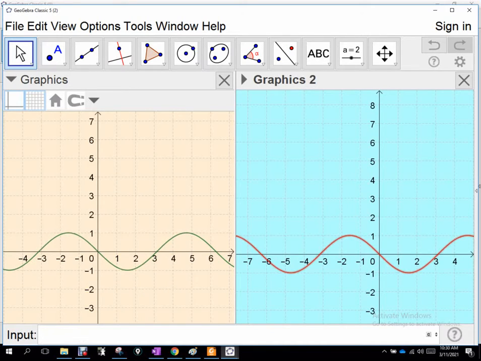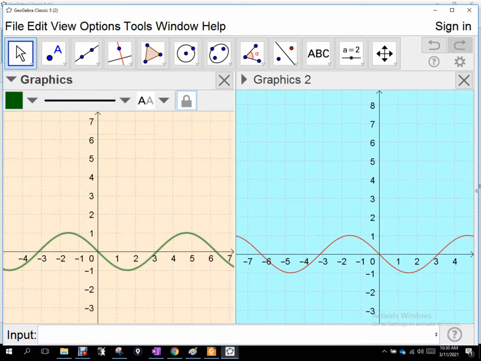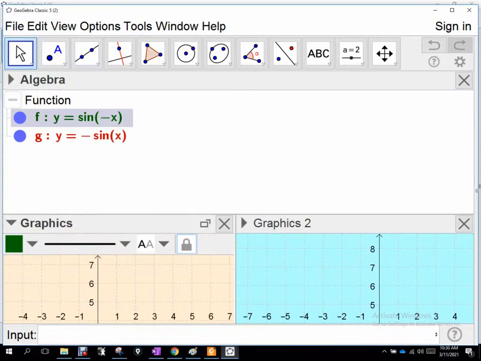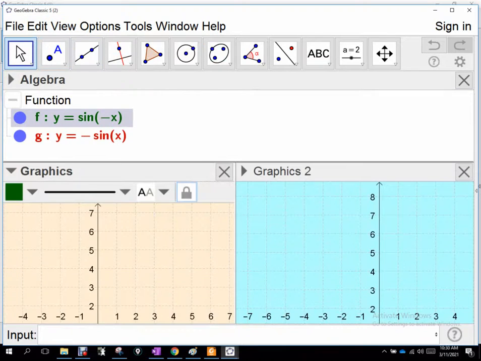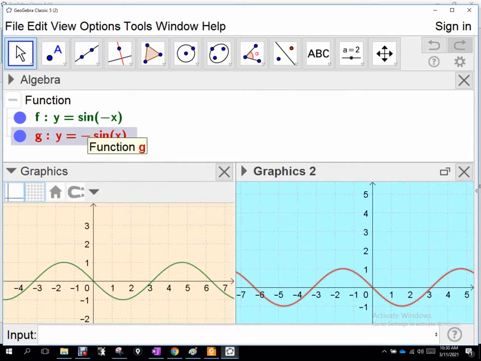Is it the same thing? Yeah. The green one is defined this way. The red one is defined that way. But we know because of the even-odd property that those two things are the same.